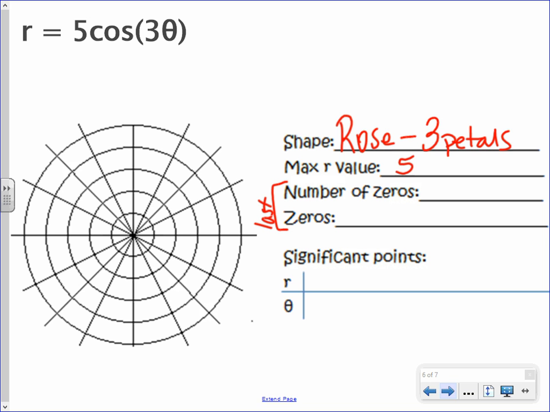Now, the trick is to figure out where your first petal is, and then the rest we can do without plugging in numbers. Okay? If we have 3 petals that we're stretching across this circular graph, how far apart are those 3 petals going to be? Keep going with that, Grace. How are you getting those numbers?